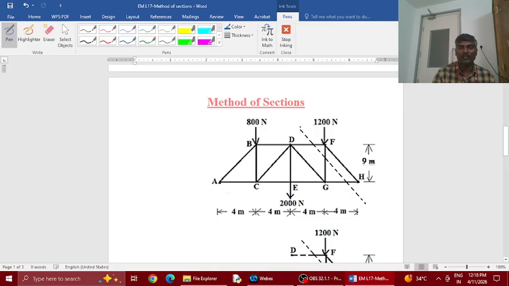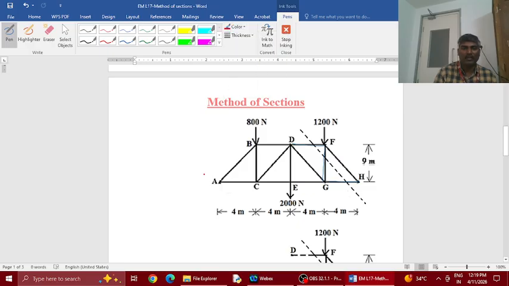For this section, I need this member force, this member force, this member force. So I'll try to cut like this. The forces in these members you want, you pass a section through those members.